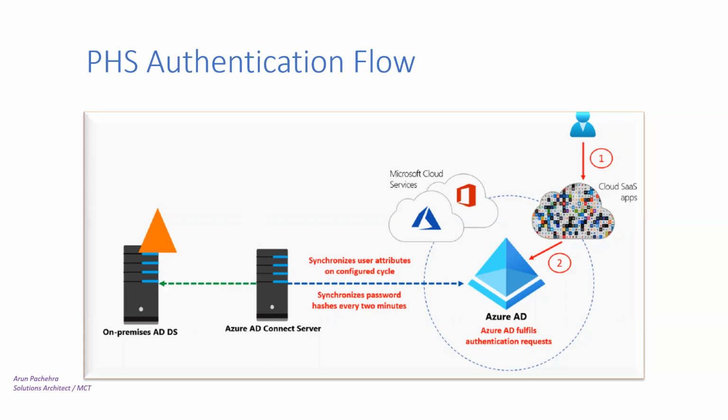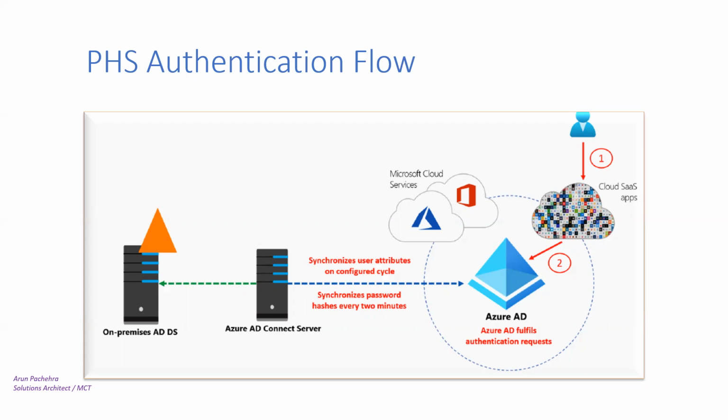Then we select the password hash option and configure the scope of synchronization that identifies the boundary of the objects that we want Azure AD Connect to sync to Azure AD. We will see all of this during the installation, but here it's just for understanding. In the third step, Azure AD Connect synchronizes the user objects, attributes, and password hashes from an on-premises ADDS instance to Azure AD.